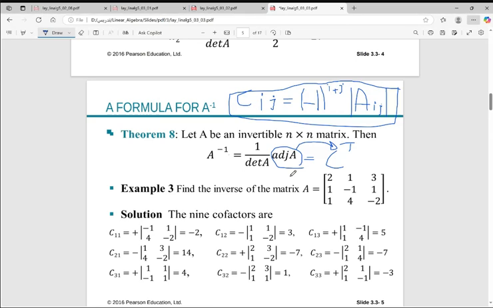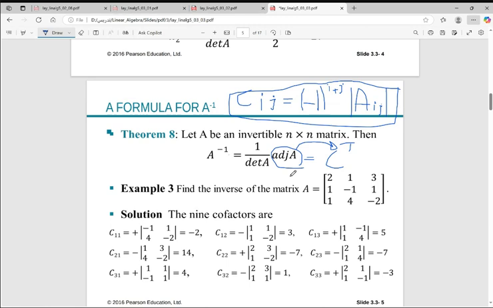So theorem 8 says A minus 1 equals 1 over determinant of A times adjugate of A. So this gives you another method to compute A minus 1.